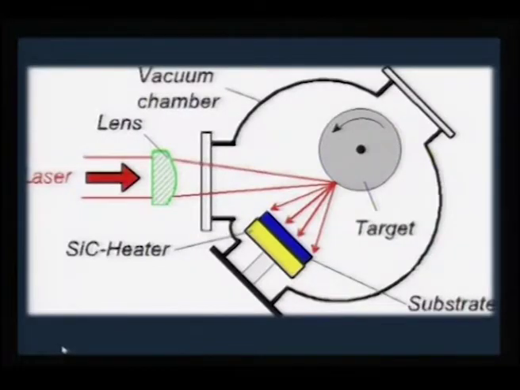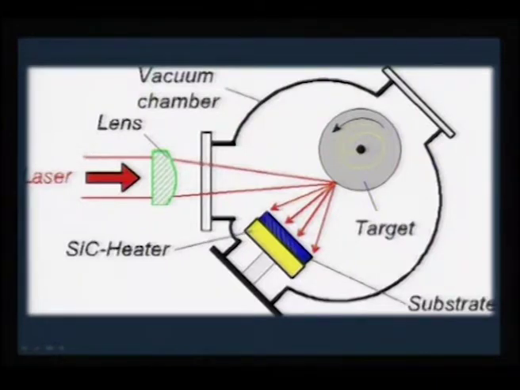Just to tell you how simple this could be, you shine a laser and through optics you converge it. Usually this laser is incident at 45 degrees to a rotating target. This target keeps rotating, and as it rotates, the laser comes and strikes it. The substrate is kept perpendicular to the rotating target. So whatever is removed from the surface of the target is going to reach the surface of the substrate.